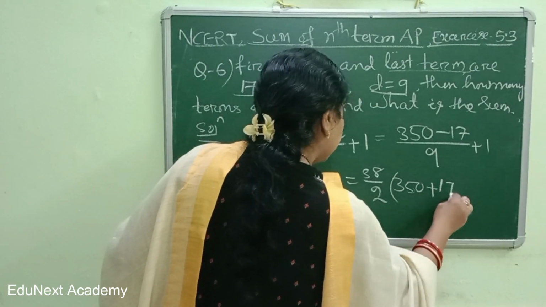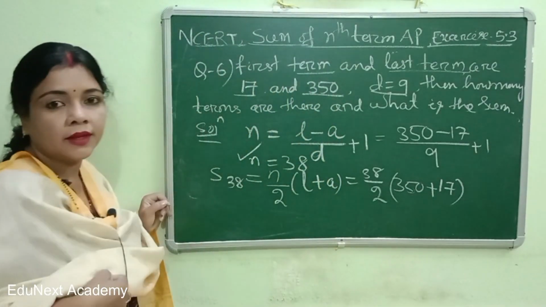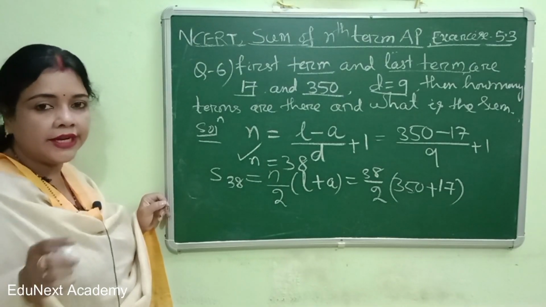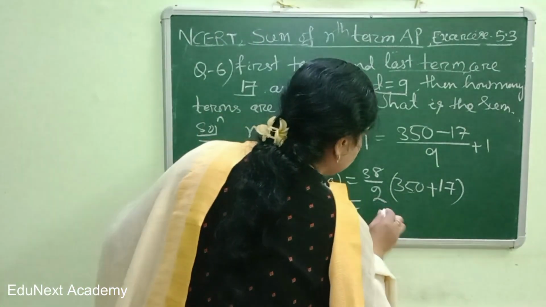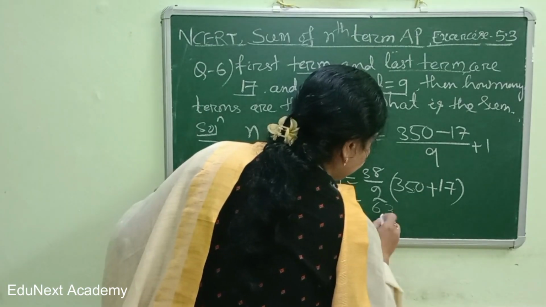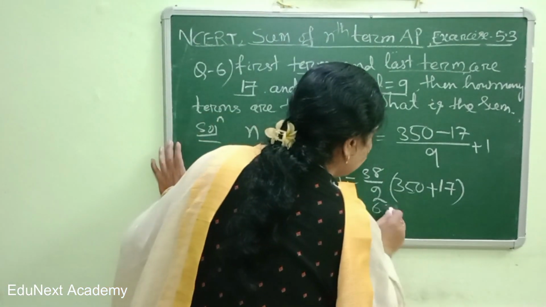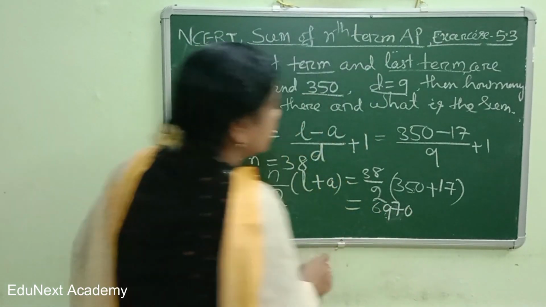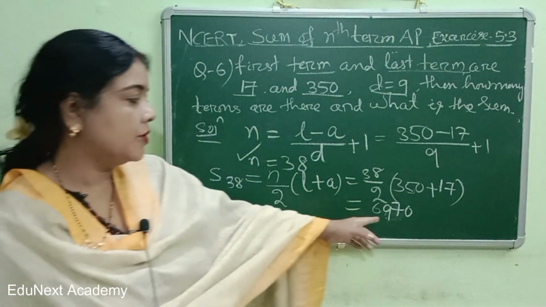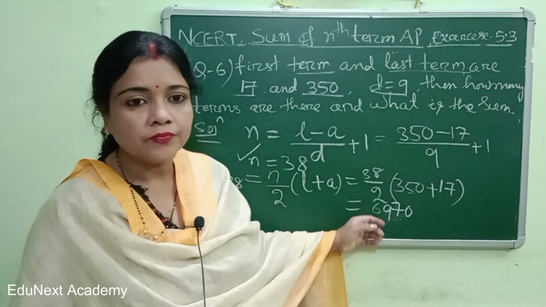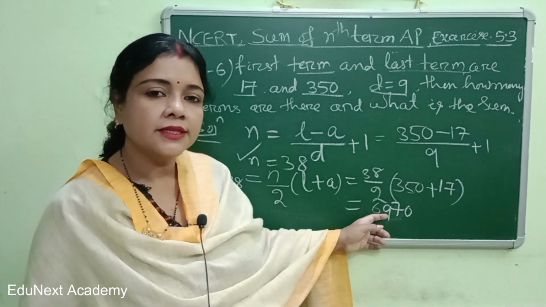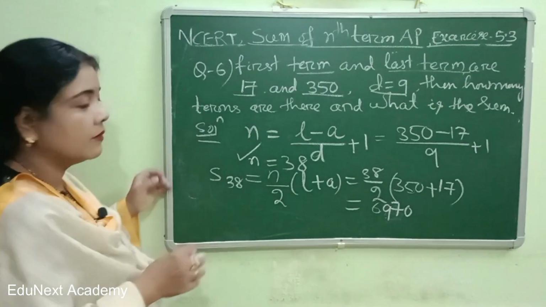Now after solving this, you will get the final answer, 6970. If you multiply this, you will get the final answer is 6970. Okay.